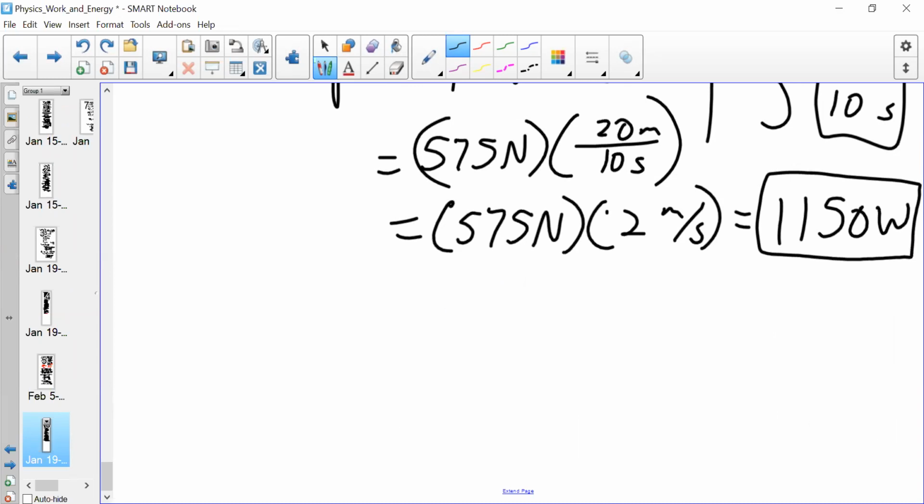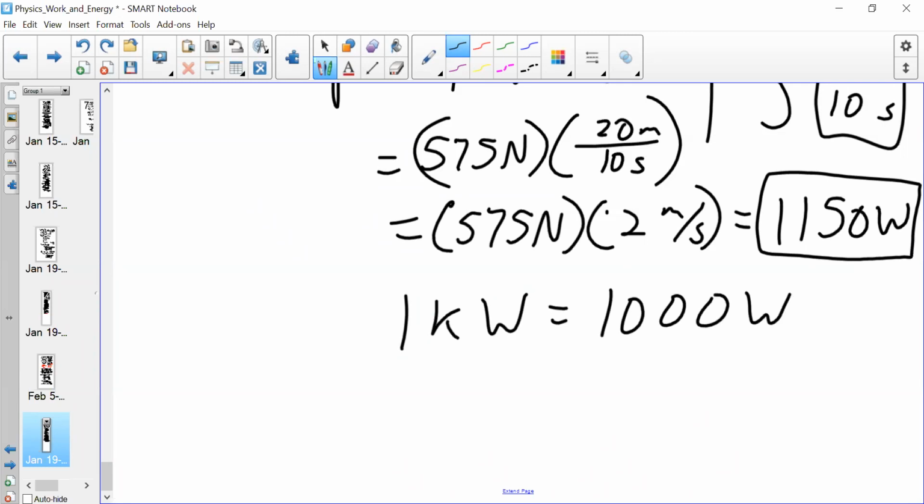And they wanted to express it in kilowatts. Well, much like the kilometer is 1,000 meters, 1 kilowatt is 1,000 watts. So if we want to take this and express it in kilowatts, how many kilowatts would that be? Anyone? Just divide by 1,000. 1.15 kilowatts.